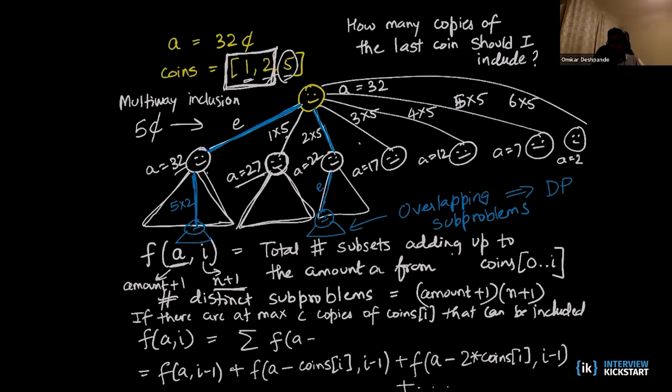So let's say we have C copies in general. C times coins of I, comma I minus 1, where C can vary from 0 for the exclusion case all the way up to the max value, where the max value would be given by the amount divided by the value of the coin.